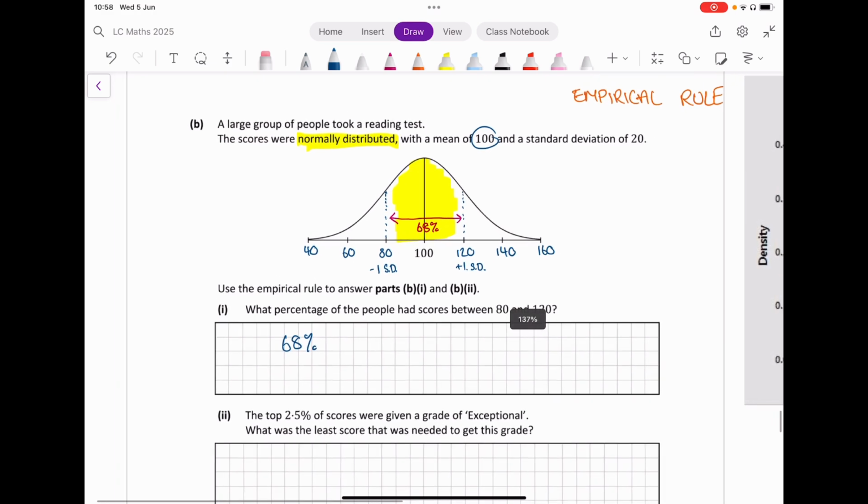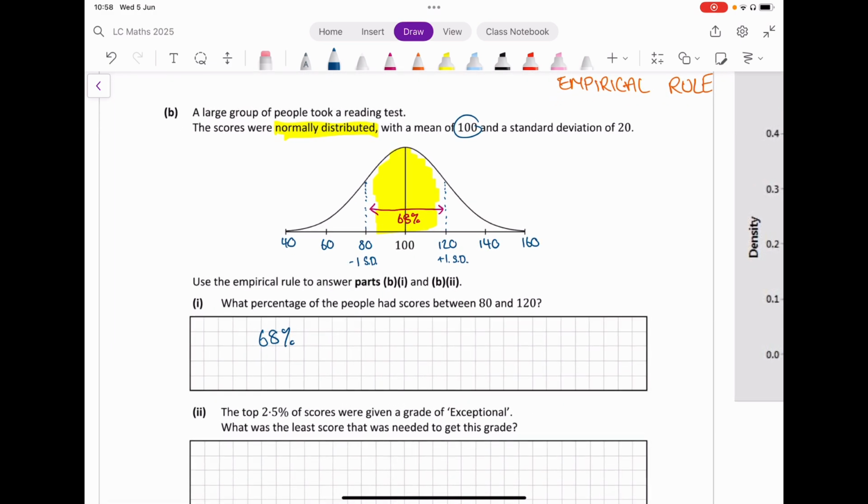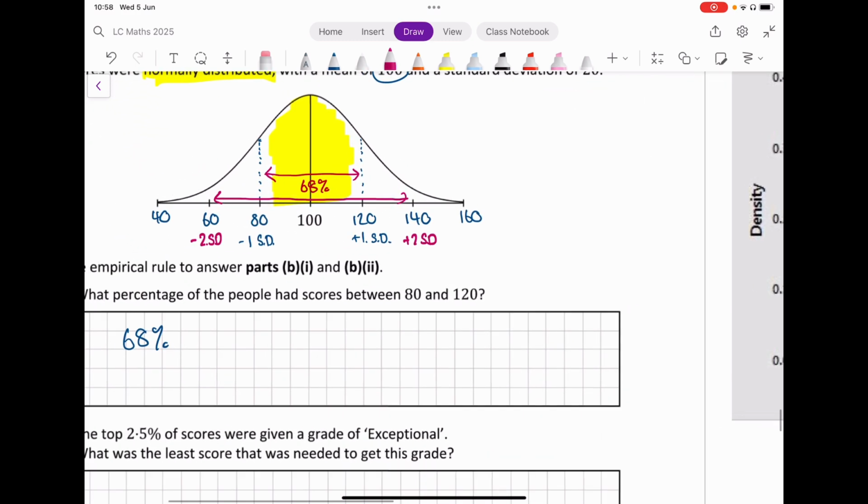If we go to the next standard deviation, which would be between here and here, we have gone 60 up to 140, which is -2 standard deviations away and +2 standard deviations away. Within that, if you have a look here, we have 95% of the population, which means that there's 5% left.